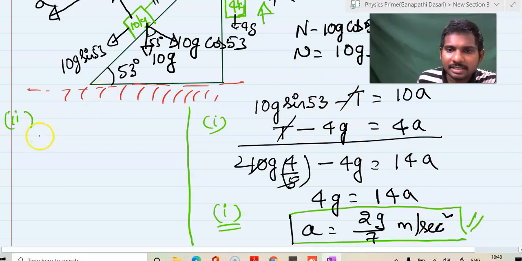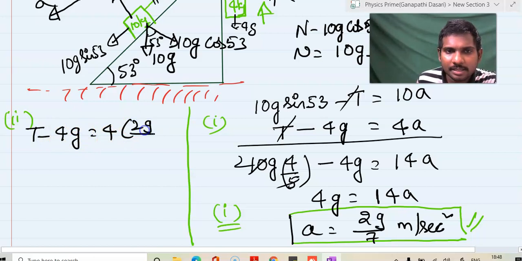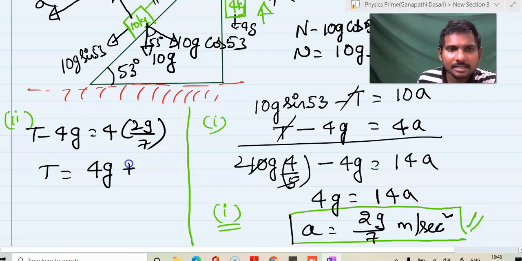Substituting this acceleration in the second equation, T minus 4g is equal to 4 into the acceleration, that is 2g by 7. Tension will be equal to 4g plus 4 into 2g by 7.